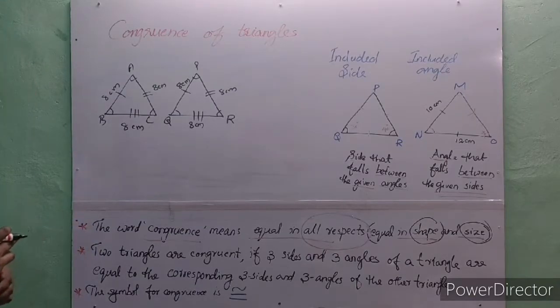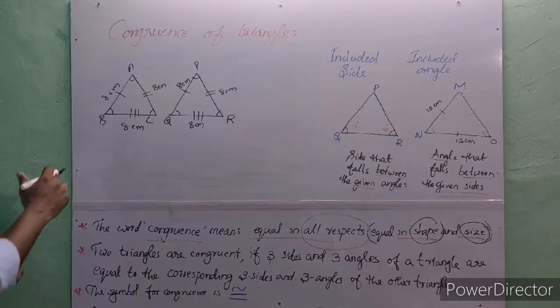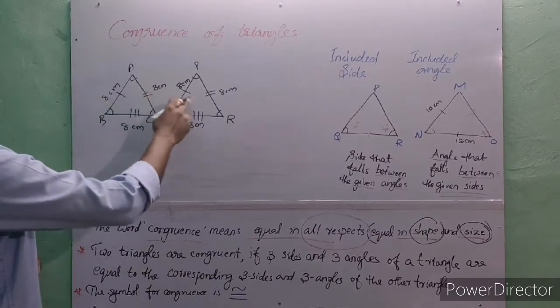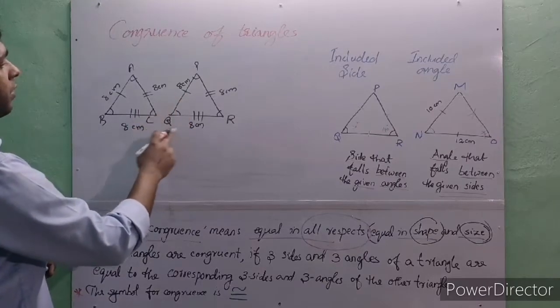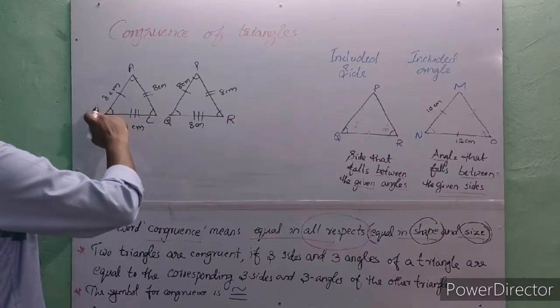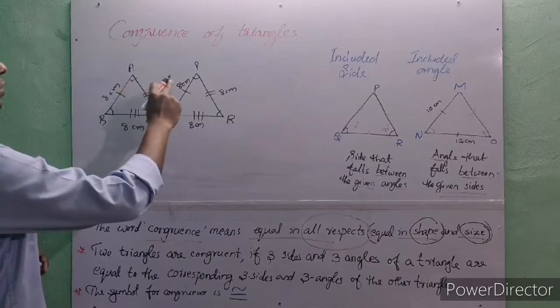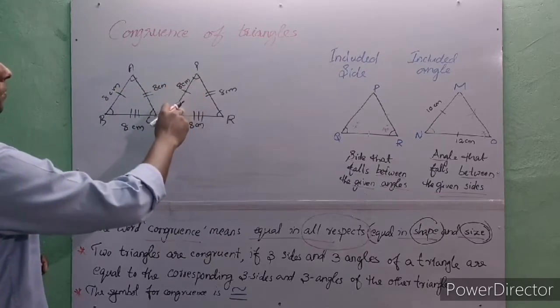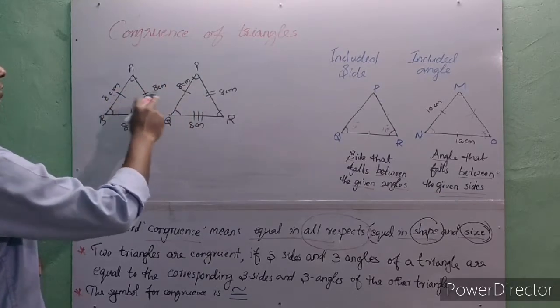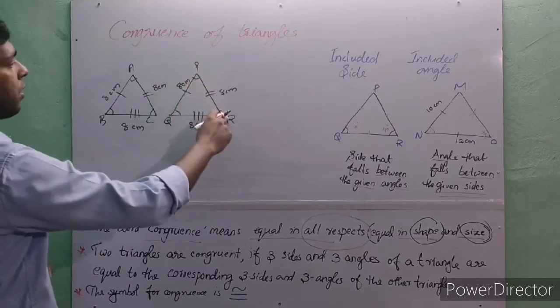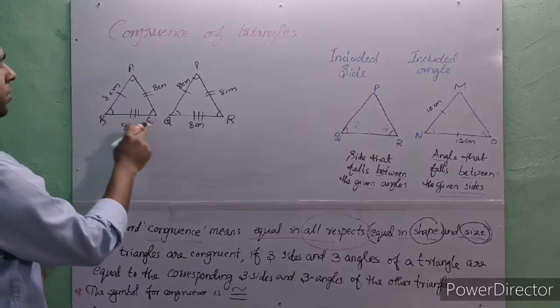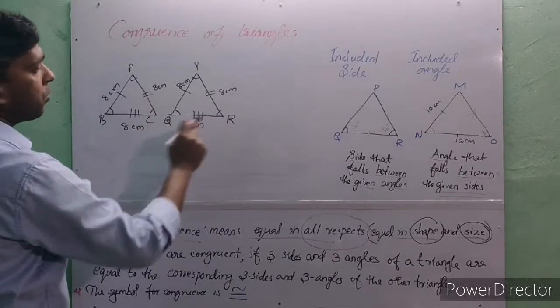So let's conclude this way. Consider these two triangles, triangle ABC and triangle PQR. The corresponding side of AB is PQ. The corresponding side of AC is PR. The corresponding side of BC is QR.